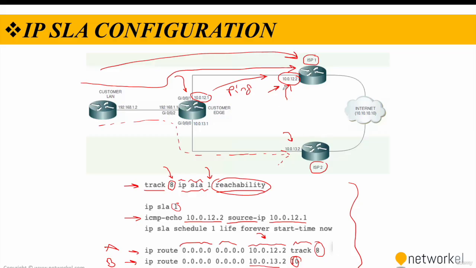But if the ping fails, the track will go down. That means this route won't be used anymore. This won't be my active route, my backup route will take over, and the traffic will start flowing through ISP2 in this case.